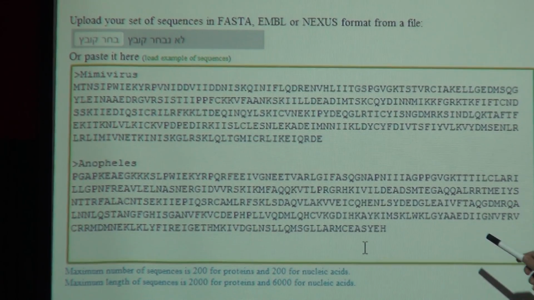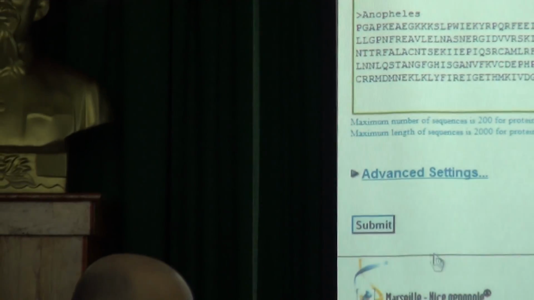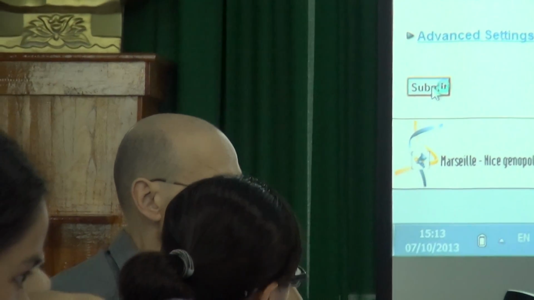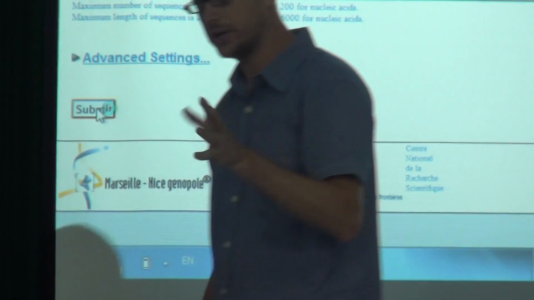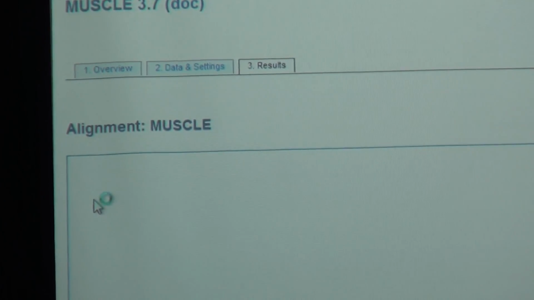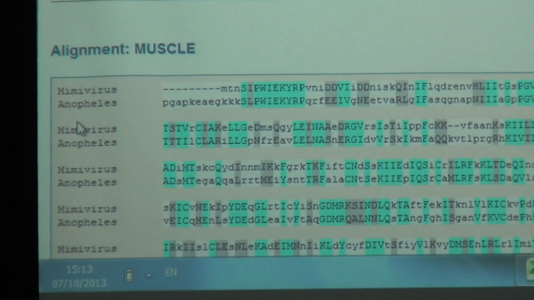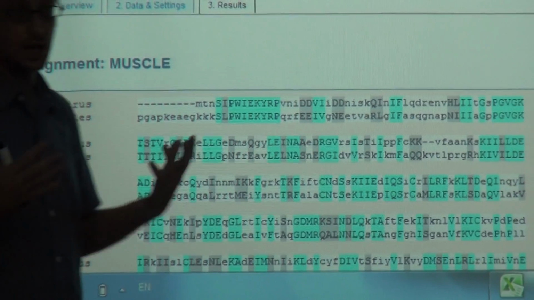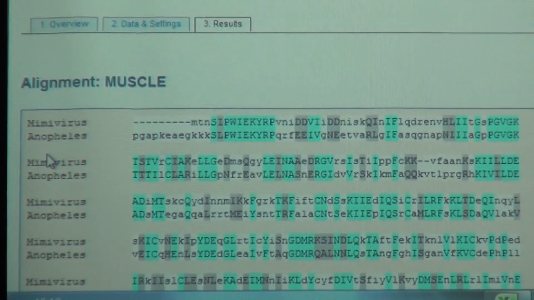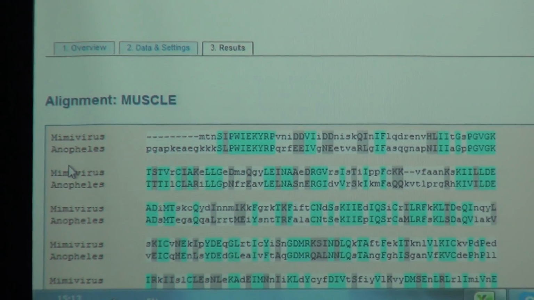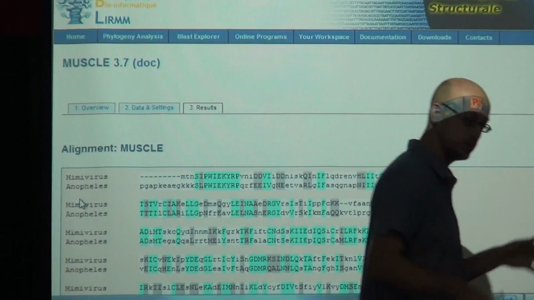Now we just wanted two sequences to see how close they were. And we clicked on submit. Now what the computer is doing, it is creating a lot of different alignments, and for each alignment it is giving points. Plus points for matches and minus points or 0 for gaps and mismatches.